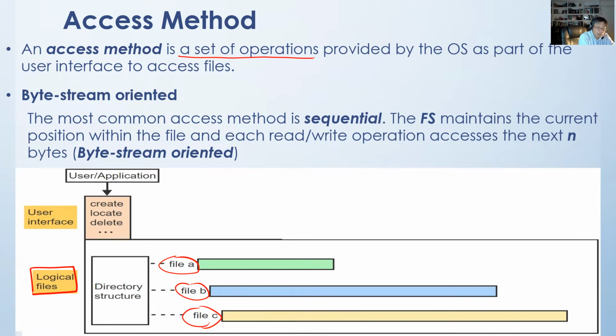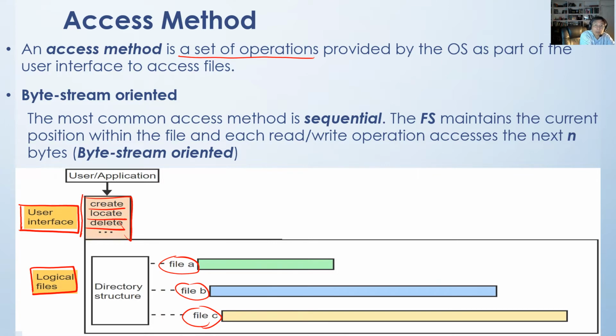The file system also provides a uniform interface, for example methods like create, locate, and delete. Even though different files have different structures underneath, so the actual implementation of create or locate differs, they use the same uniform interface.